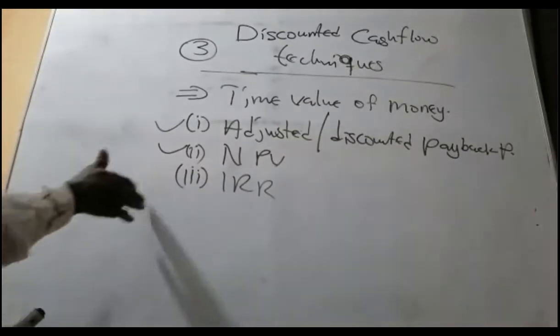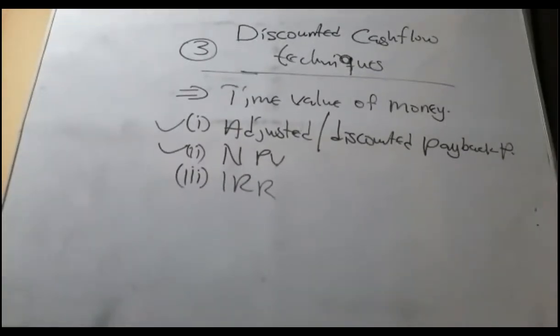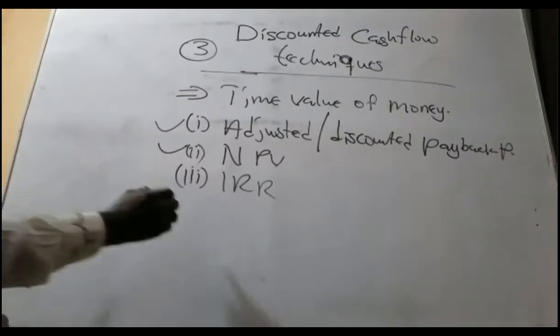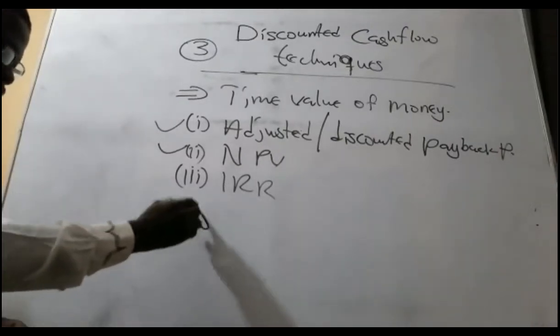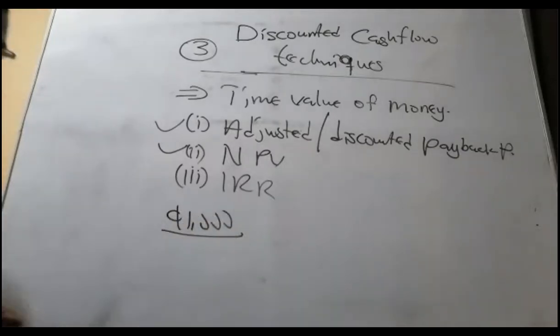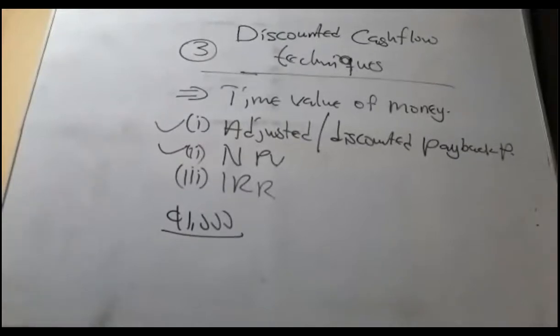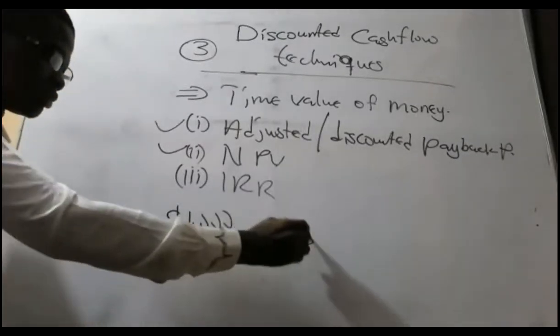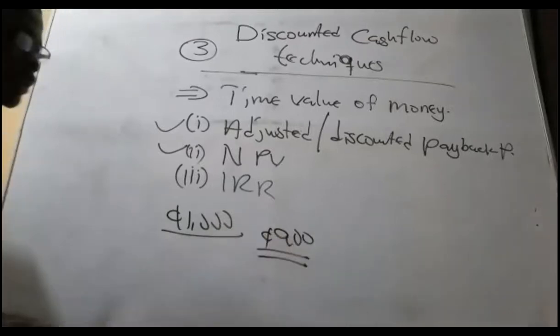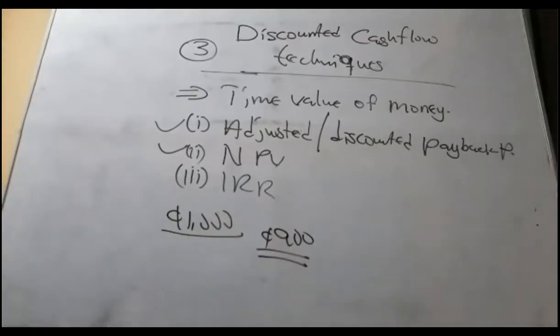So here we have to factor into consideration the fact that if I have 1,000 Ghana cedis today, exactly 1 year later, it will no longer be 1,000 cedis. The value will drop. Maybe it can be 900 Ghana cedis. That's what we are going to take into consideration.